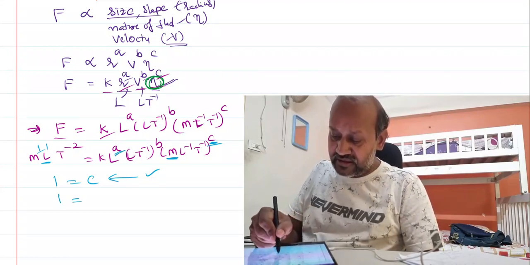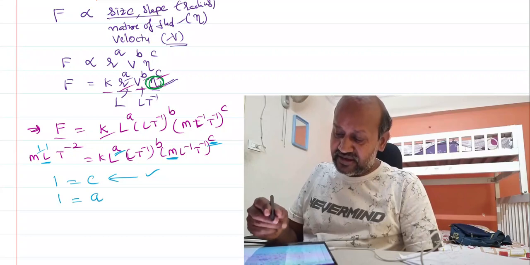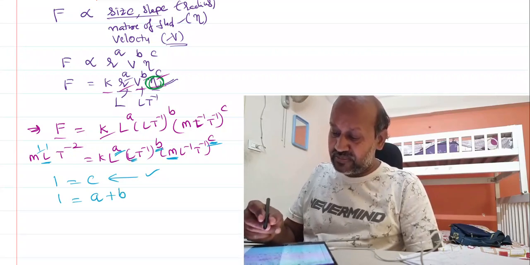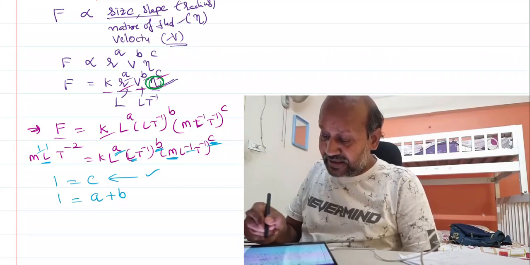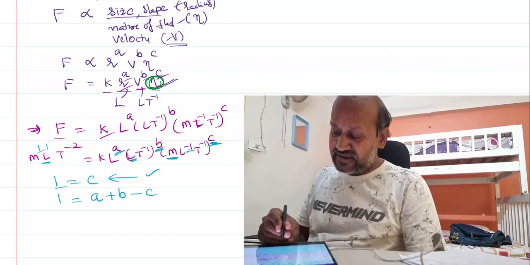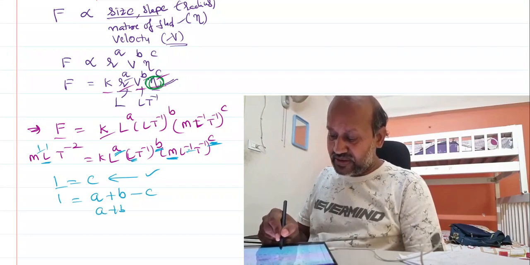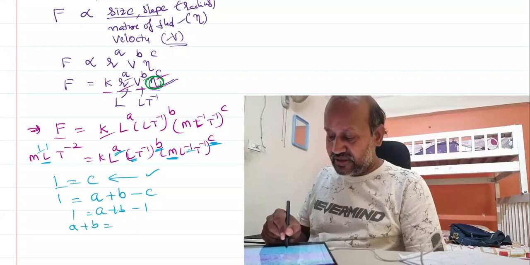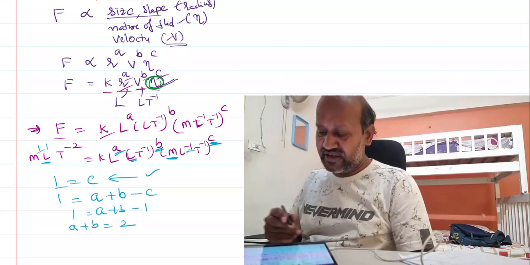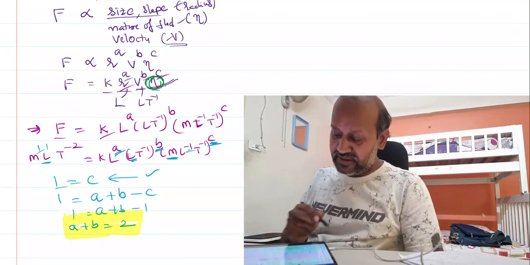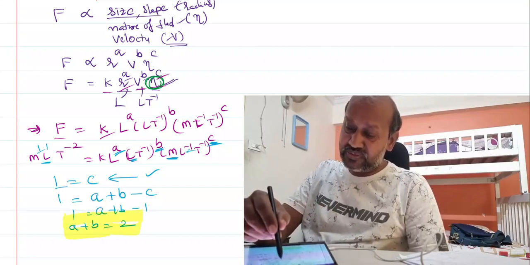Right hand side, L to the power A and L to the power B are also dimensions, plus B, and this is minus C. Minus 1 and C. But I already found that C value as 1. So A plus B minus 1 is 1. So A plus B equal to 2. I got an equation. I will use this equation later. Let me just remember this equation: A plus B equal to 2.